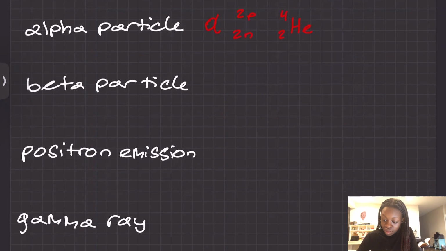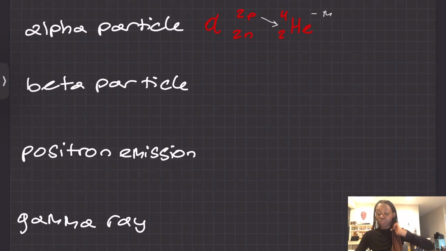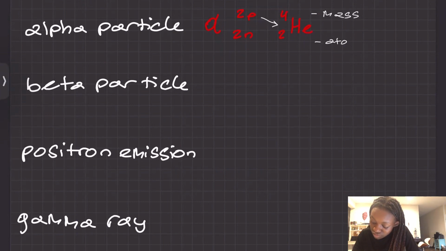As a helium atom. That's because helium is the element on the periodic table that has an atomic number of 2, so 2 protons. However, because it's got 2 protons and 2 neutrons, the mass number is 4. Remember when we're writing isotopes that the mass number goes at the top and the atomic number goes at the bottom. So this is the mass number and this right there is the atomic number.